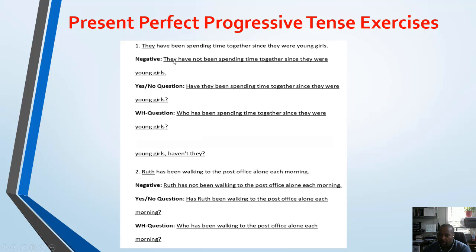So, again, number 1, the negative is they have not been spending time together since they were young girls. Yes or no question, have they been spending time together since they were young girls? WH question, who has been spending time together since they were young girls?